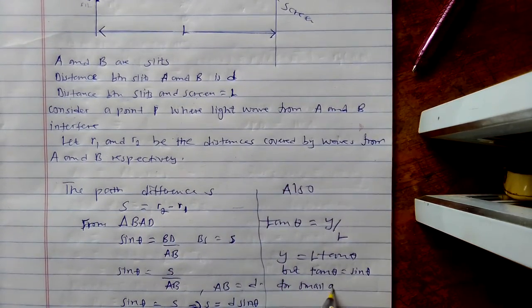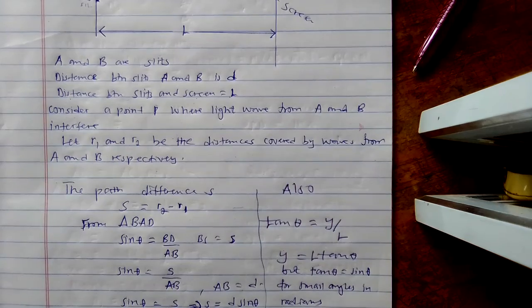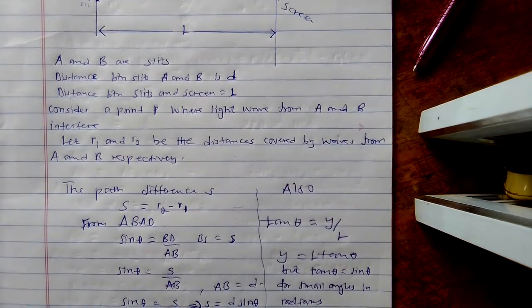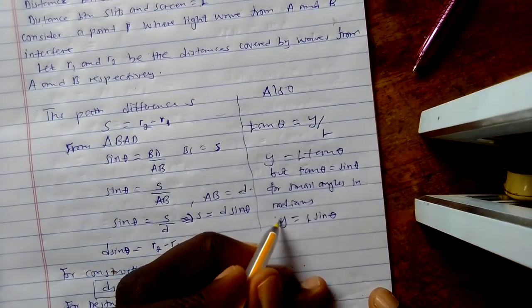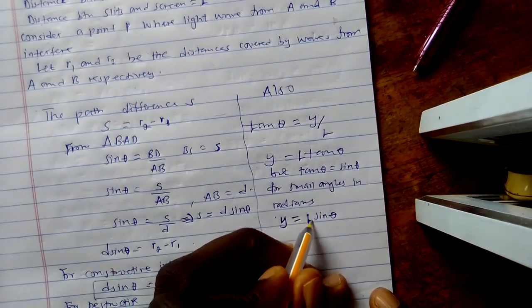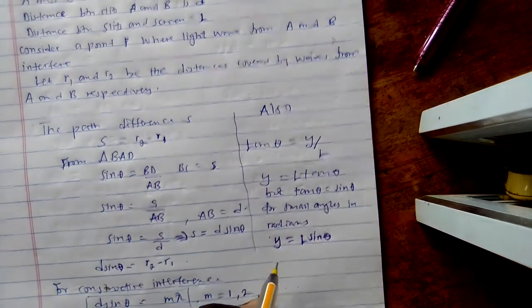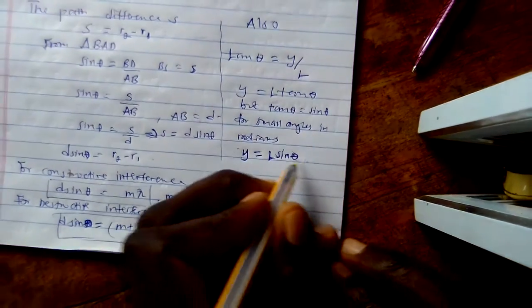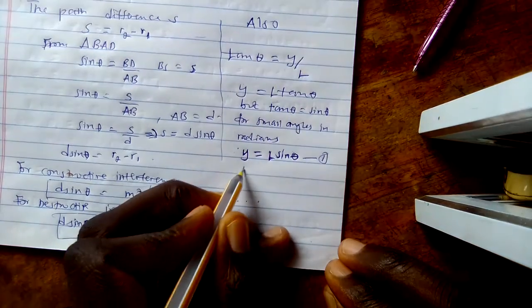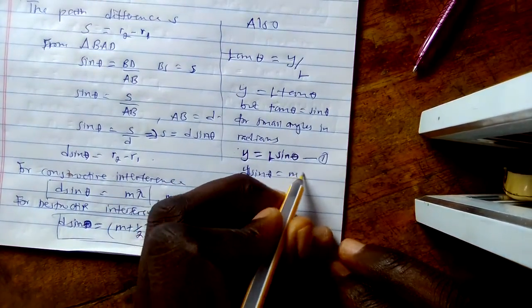For smaller angles in radians, y will be equal to L sine theta. I can compare this with the other equation, which says that d sine theta is equal to m lambda.